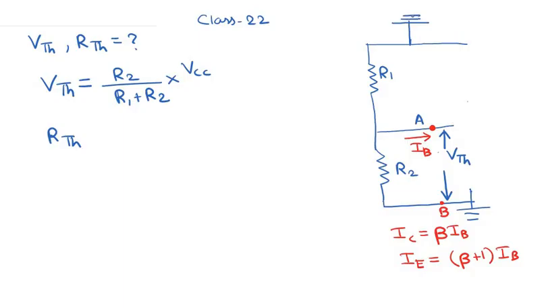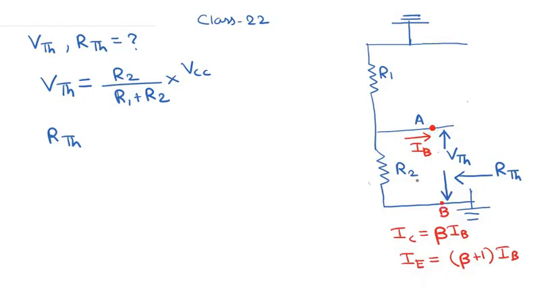We have connected this point to the ground, and now we have to find RTH. We have to look into these 2 points, point A and point B, and find out the equivalent resistance. So we look inside this network and find out the equivalent resistance. Note that this resistor R2 here is basically connected between this point A and the ground. This point B is actually the ground point.